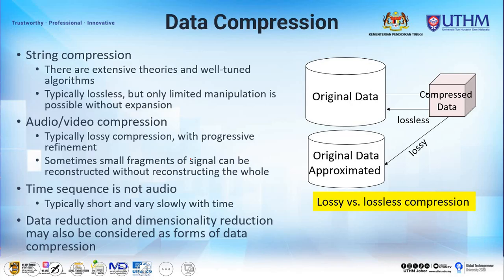For example, sensor data from IoT devices often generates large volumes of time series data. Compression techniques can reduce storage requirements while preserving the essential trends and patterns. So the trends and patterns of the data are still there, but the data is reduced, because time series data is generated every millisecond, depending on how they set up the parameters.